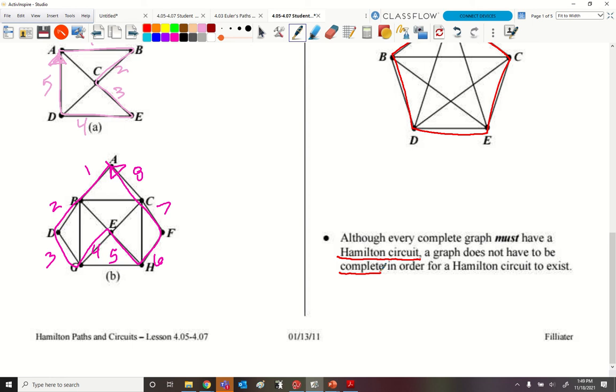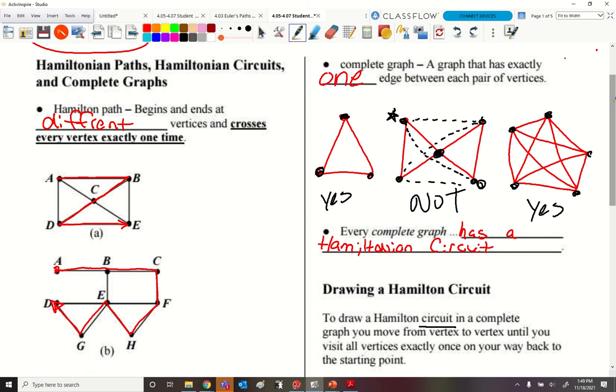Does that make sense? Okay, look. This one right here is a complete graph, right? Is there a line connecting this point to all other points? There is, so that means it's complete. This second one is not. If it's complete, I have a line from this house to every other house directly.